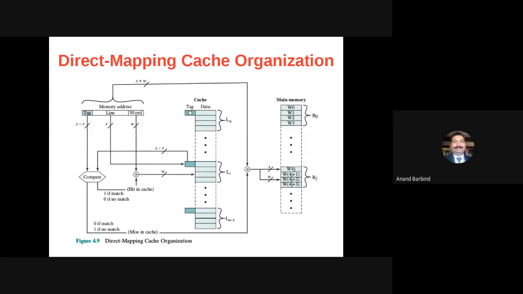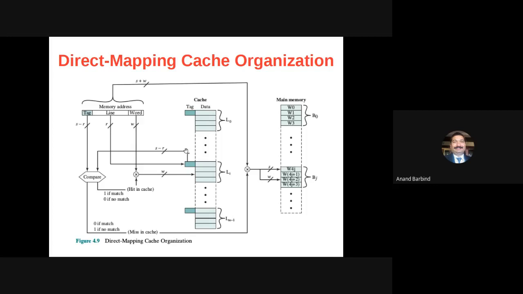This tag is different for block number 0, it is different for block number m, and it is different for block number 2m, because it is the upper bits of the address, and those bits are different for each block. Those s minus r bits are stored as the tag here. So this is how direct cache mapping works.